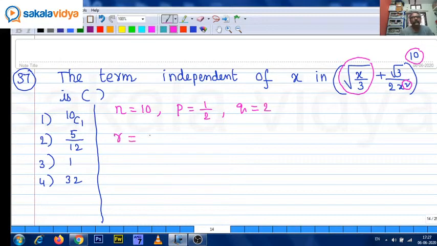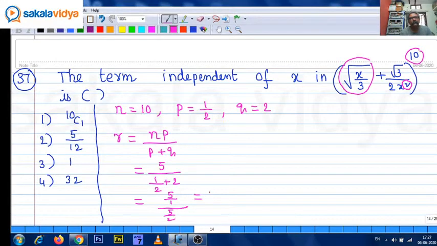R value to find out independent term is np by p plus q. np is 10 multiplied by half is 5, p plus q is 1 by 2 plus 2, this will be 5 by 2. 5 by 1 into 2 by 5, this will be 2. That means third term we need to find out. Third term is the independent term.